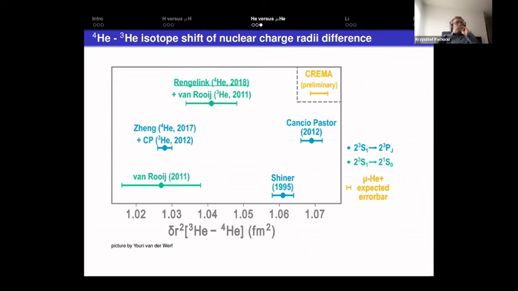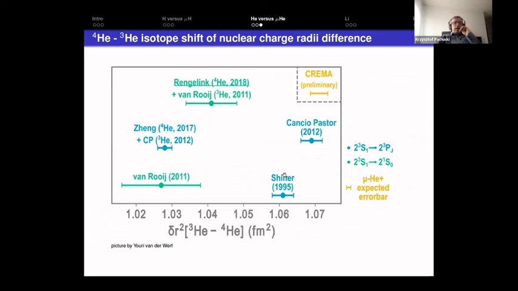This is the reason why we are urgently waiting for Randolph Pohl's result for helium-3. We would like to know how the muonic helium charge radius difference compares to this electronic helium determination, because it is very important to resolve which experiment is correct and which one is incorrect.